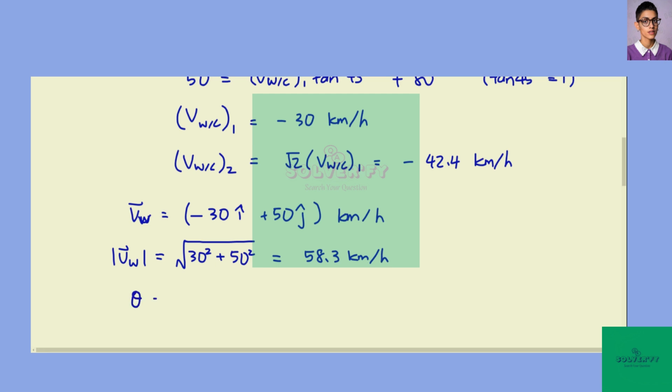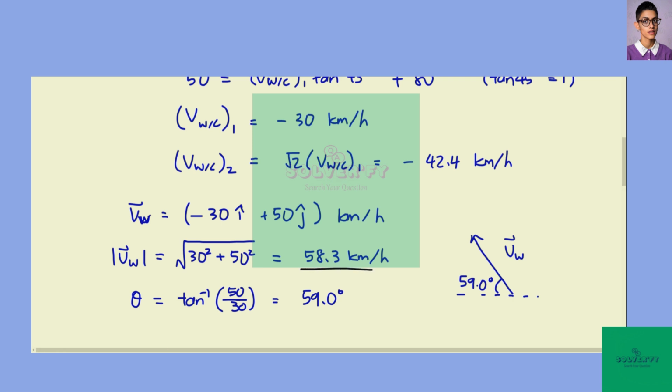And then the direction is tangent inverse of 50 over 30, which is equal to 59.0 degrees. So the arrow looks like this, and this is 59 degrees. This is the magnitude and the direction, and that's all.